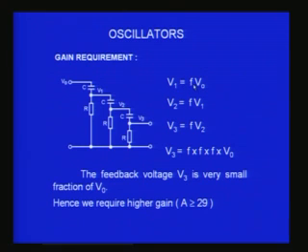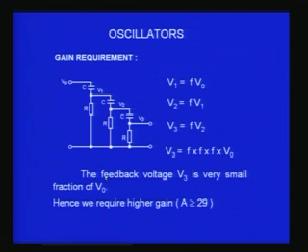V1 is a fraction of V output, V2 is a fraction of V1, V3 is a fraction of V2, and therefore the total is F1, F2, F3 times V0. If F1, F2, F3 are the same, like the 0.5 that I mentioned, it becomes 1/8. Therefore the V3 that is actually applied at the input is very small, because it has gone through 3 levels of potential division, and therefore the gain has to be large.